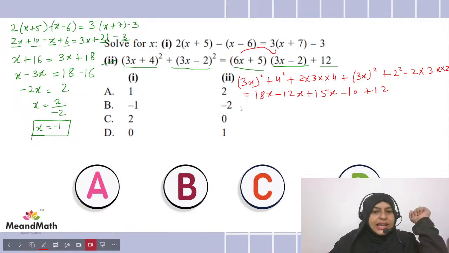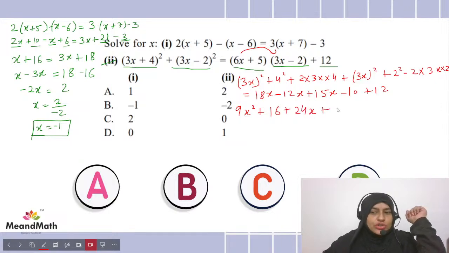Now, 3 3s are 9. 9x square plus 4 times 4, it is 16. 2 3s are 6 plus 24x plus it is also 9x square and it is plus 4 minus 12x.